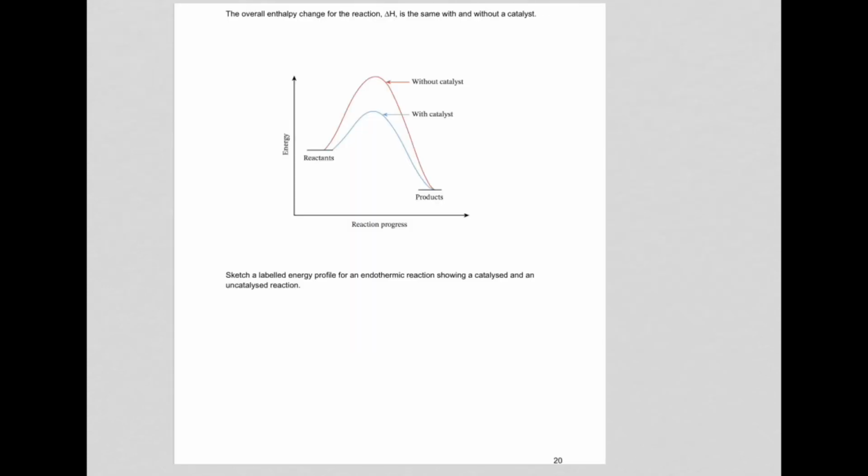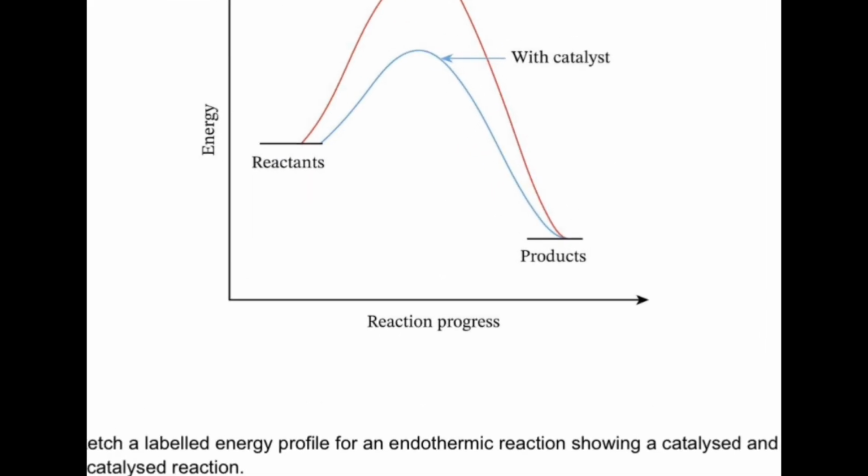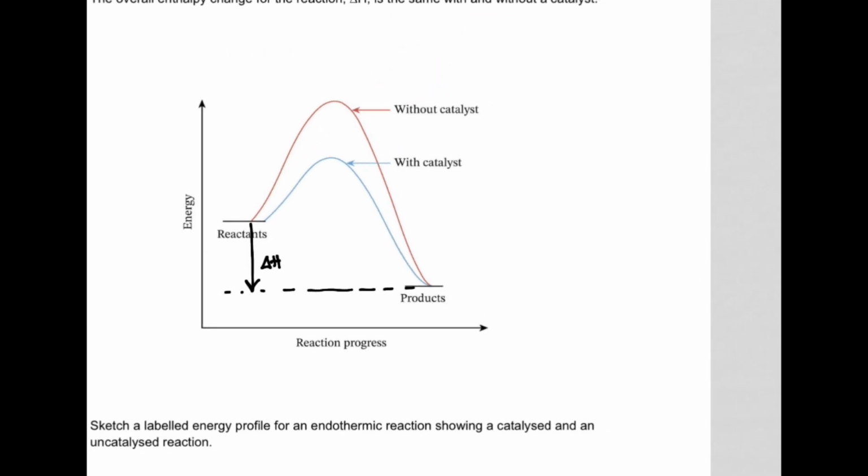Now, whether you have a catalyst or you do not have a catalyst, the overall enthalpy for the reaction stays the same. So enthalpy is always from reactants to products. In this case, it's like this, delta H.